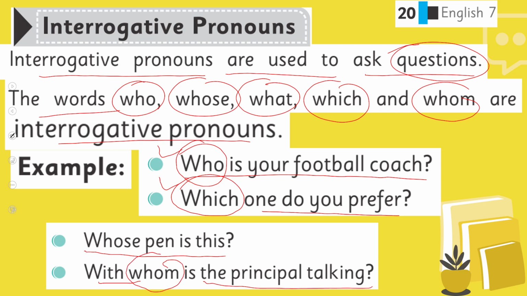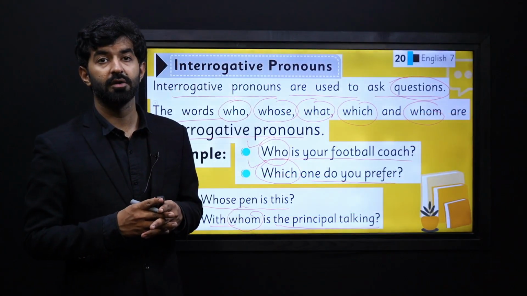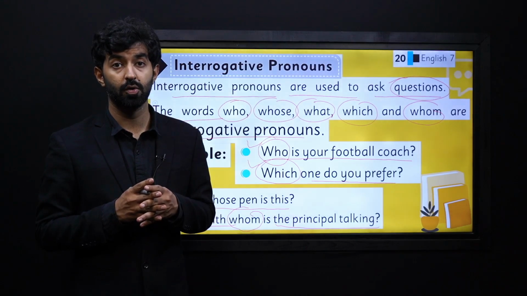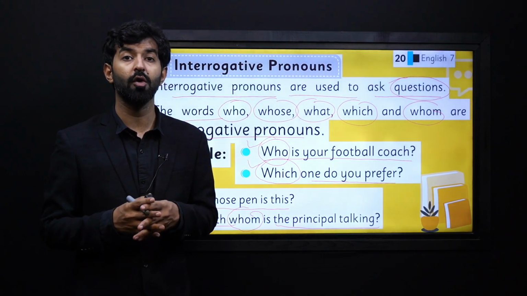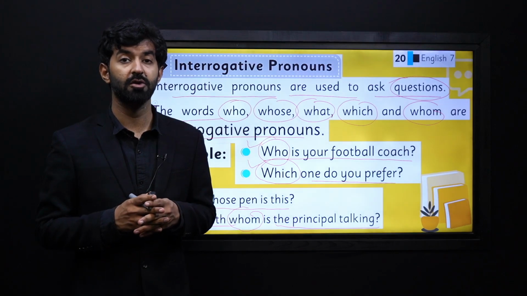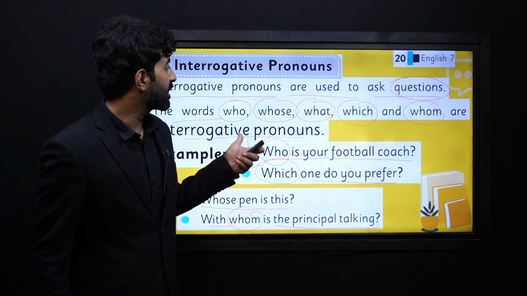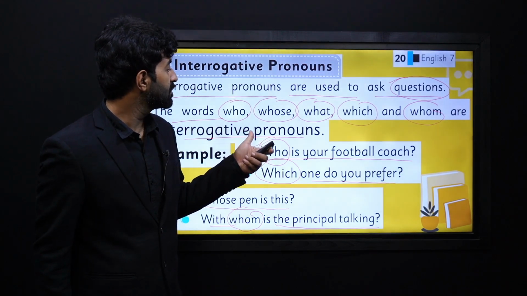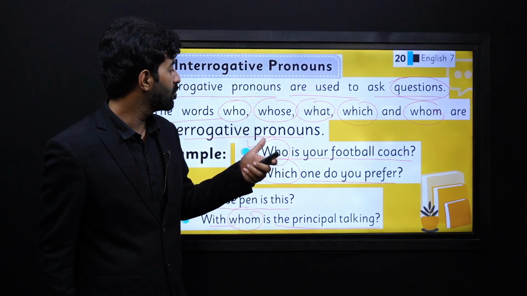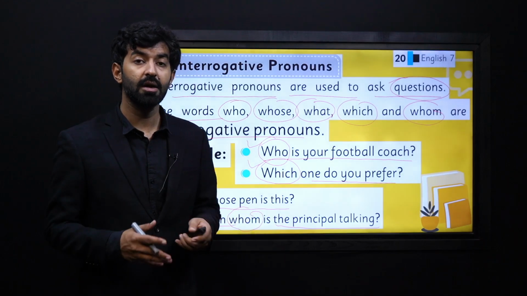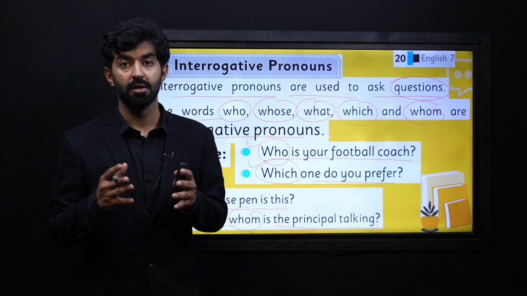So we have all these different interrogative pronouns that come in sentences that are in the form of questions, in the form of interrogative sentences. And we have all these different kinds of interrogative pronouns: whose, who, what, which, and whom, and we use them generally at the start of the sentence.